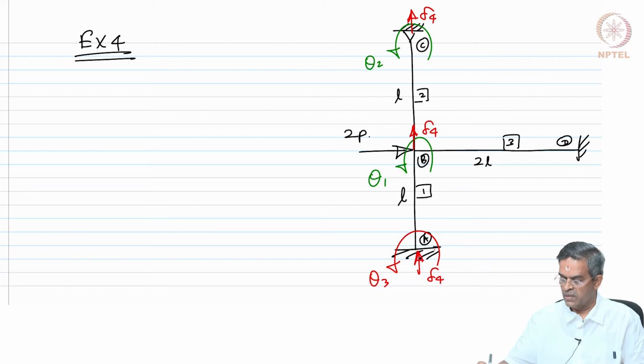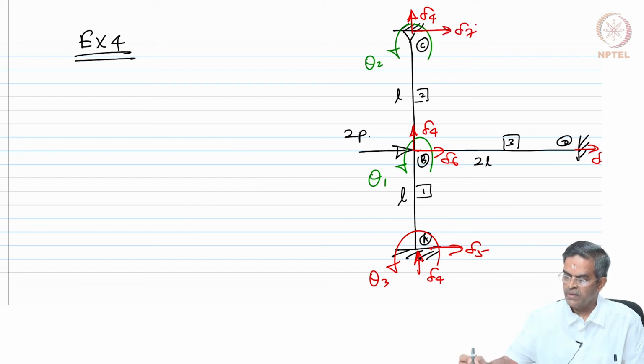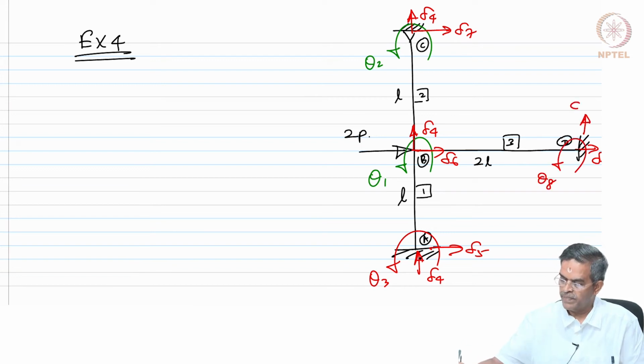And this is del 5, this is del 6, and therefore this is also del 6 because I am neglecting axial deformation. And this is del 7 and this is theta 8 and this is del 9.